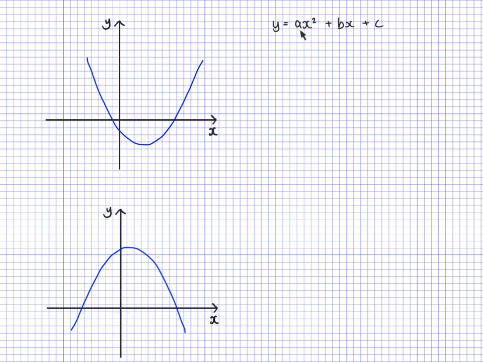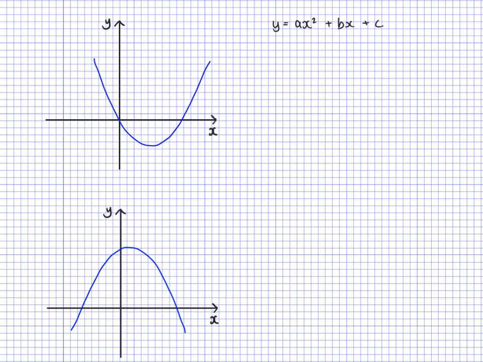If the A value is negative, you will get a parabola in this shape, more like an N shape. And then also, when you consider the values of A, B, and C, that will maybe move the graph in different places.